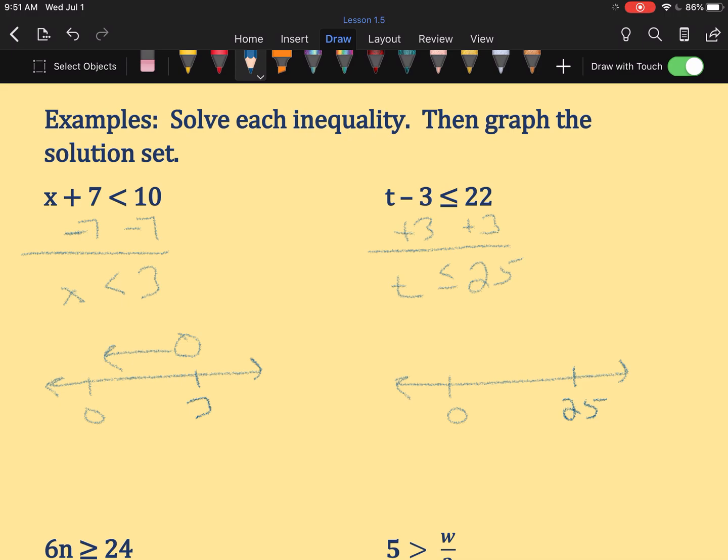I need 0 and 25. So 25 is the number of interest. And here, this inequality has the or equal to, so we will actually fill that circle in. It's a less than inequality, so its arrow comes out to the left.